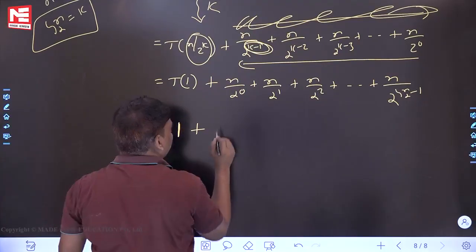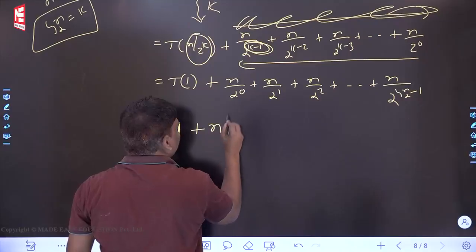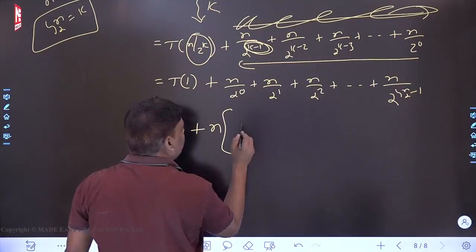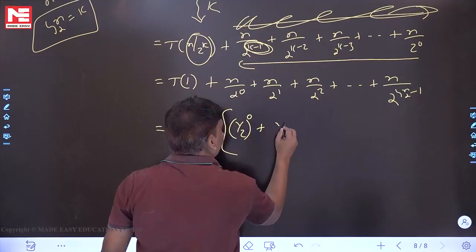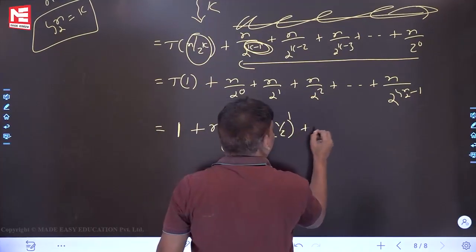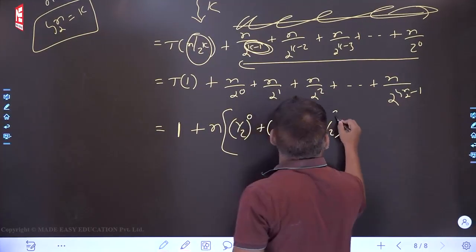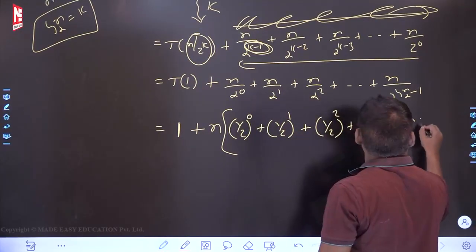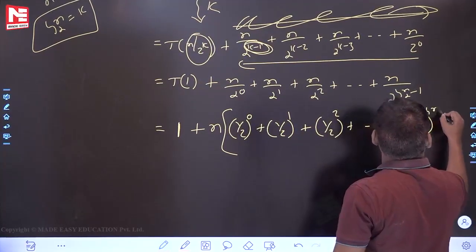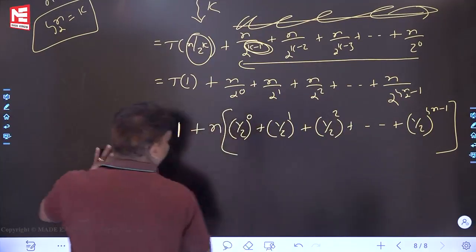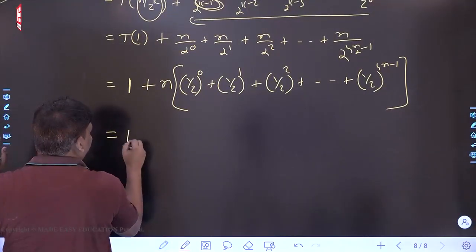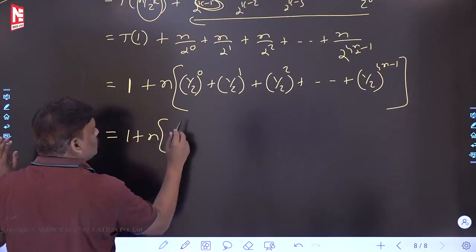Next one, plus n common. Remaining, let me write 1 by 2 whole power 0. Next one, 1 by 2 whole power 1, 1 by 2 whole square, and so on. Lastly, 1 by 2 whole power log n minus 1. Next one, see this one, 1 plus n into this series you have to solve.